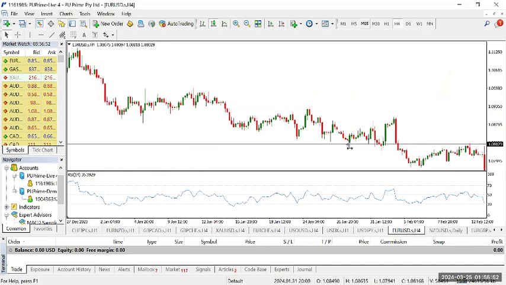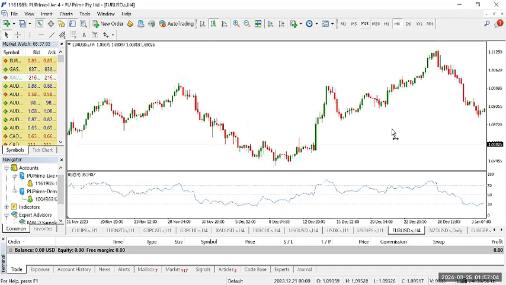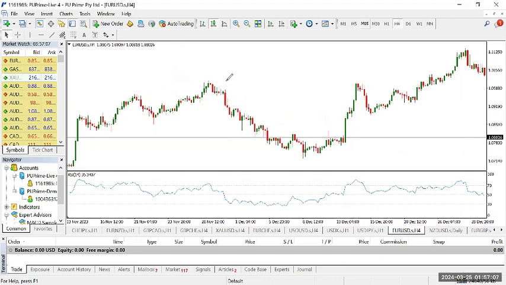We zoom back again, and we could clearly see in this instance, RSI got to 70, and there was a sharp bearish movement in price. Again, RSI got to 70 right here, and there was a sharp decline in price. And at this point again, RSI got to 70, and there was a minor decline in price.